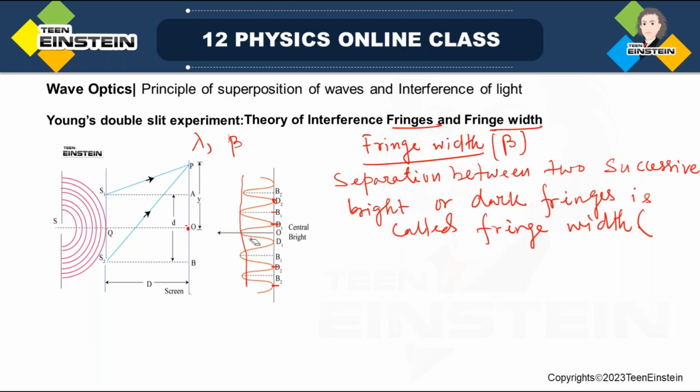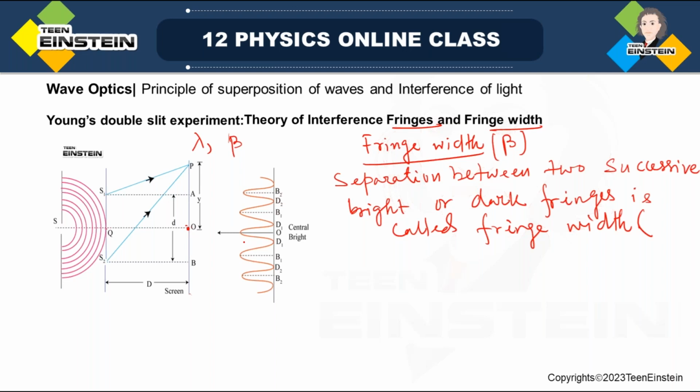This is one important point: in case of interference, the intensity of all the bright fringes will be the same. In case of diffraction, it is not. In diffraction, the central one is maxima, then you get first minima, then secondary maxima, like that.